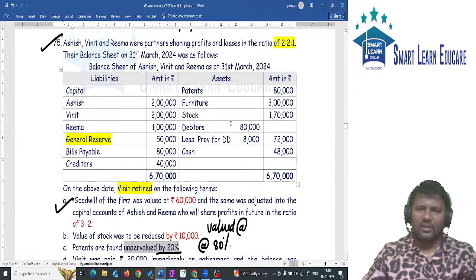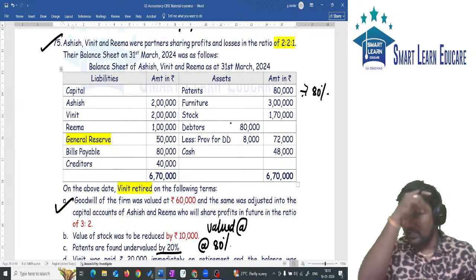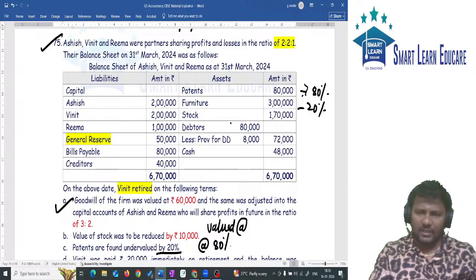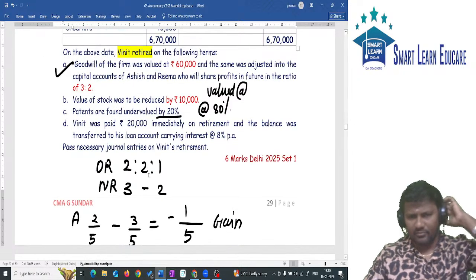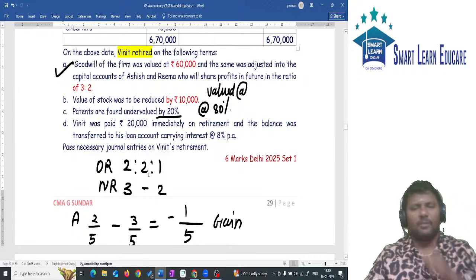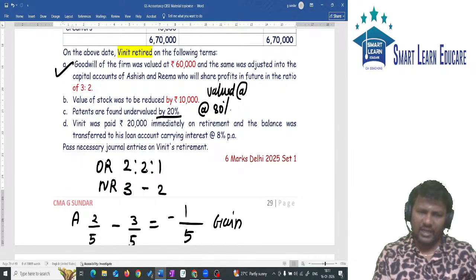So the given value of patent is representing 80%. If 80% is 80,000, what is 20%? 80,000 divided by 80% into 20% will give you the value of reduction. Actual value of the stock is 1 lakh, but they reduced it by 20%. That is why it is mentioned as 80,000.